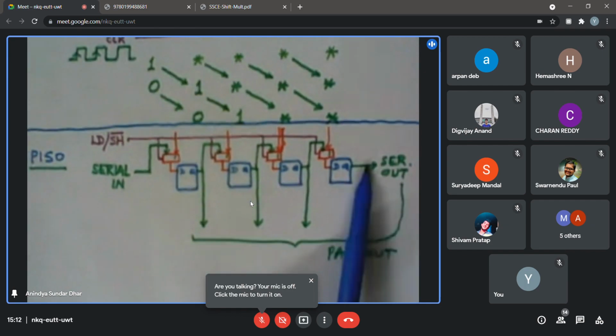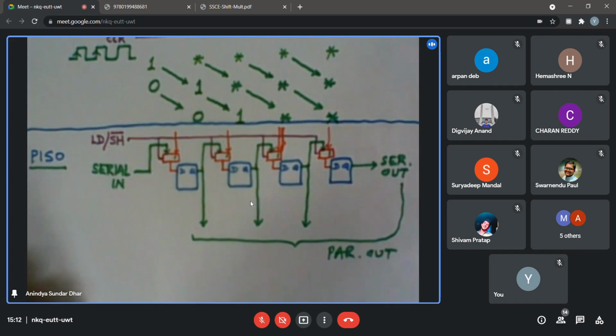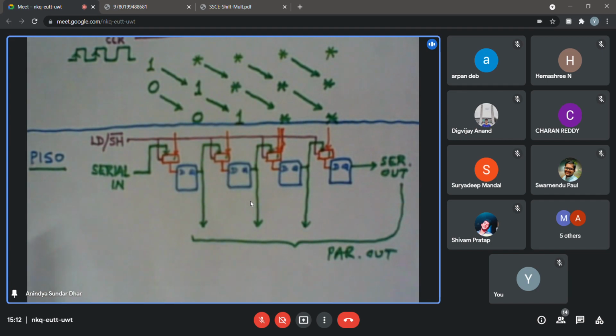But certainly there is a single line which you can either take as serial out, or put as a part of the parallel output. Right. Then I think output pins will be 4. 4 for parallel load. Okay, I think we can do 4 pins for input as well.